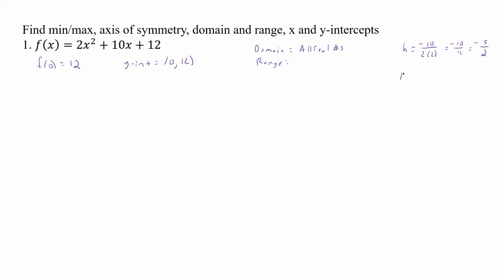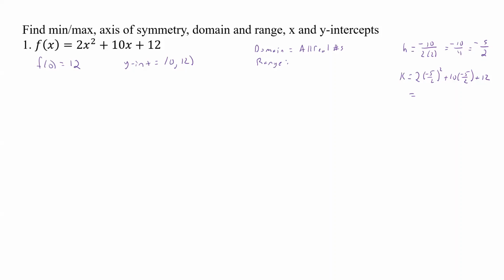Now our k, so now we have to plug that negative 5 halves into all of those places. So that's 2 times negative 5 halves squared plus 10 times negative 5 halves, and then plus 12. And if we plug all that into our calculator, that's 2 times negative 5 divided by 2 squared plus 10 times negative 5 divided by 2 plus 12.